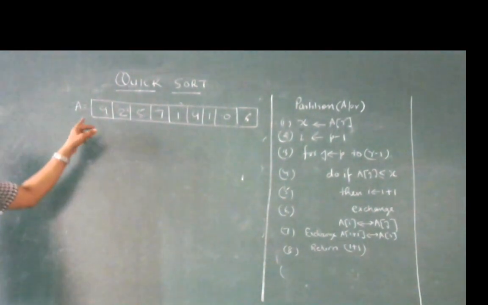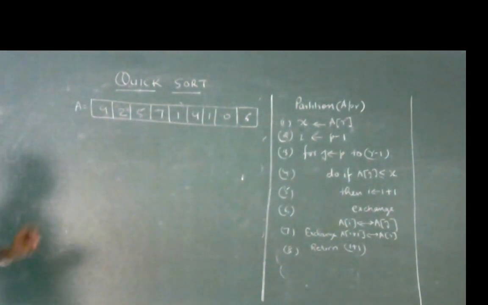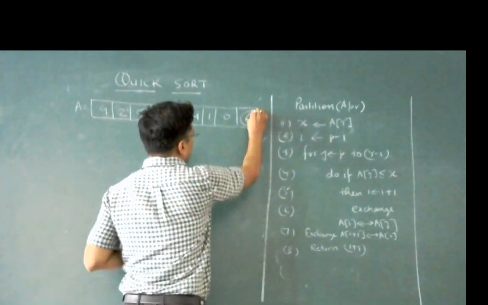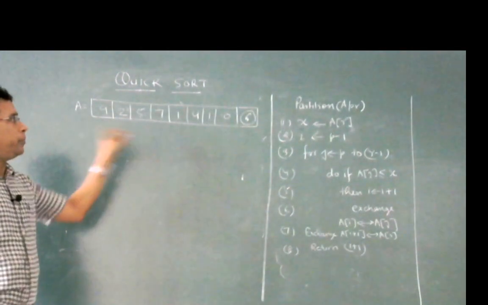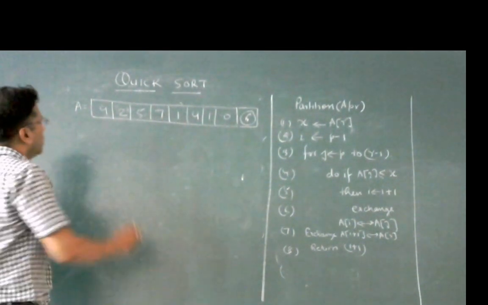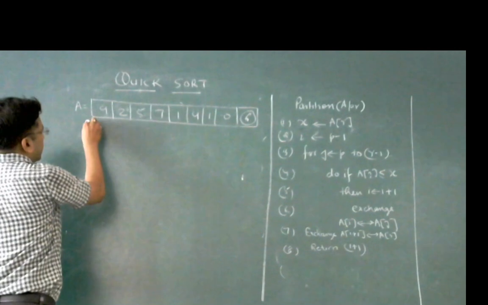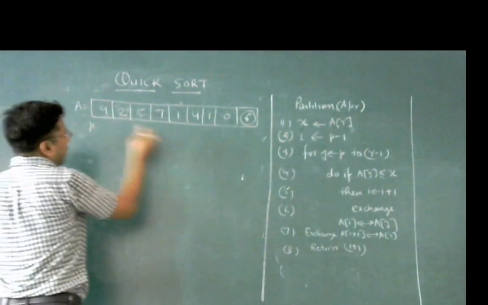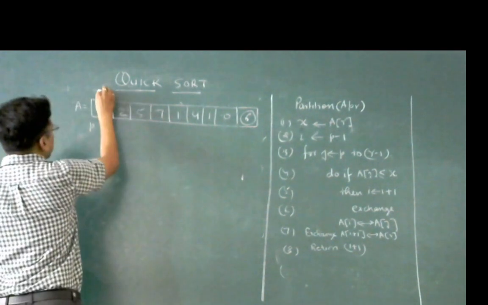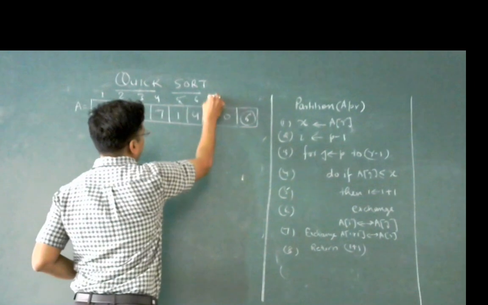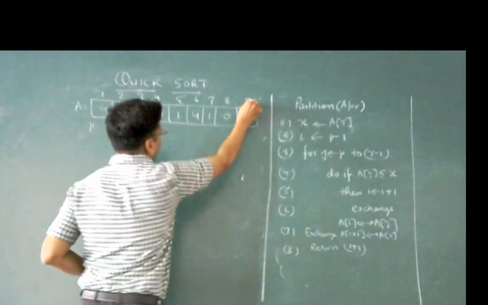Suppose I have an unsorted array A, and I want to find the position of element 6 in this array without sorting the complete array. So this will be the position p = 1, and I am going to write the indexes 1, 2, 3, 4, 5, 6, 7, 8, 9.